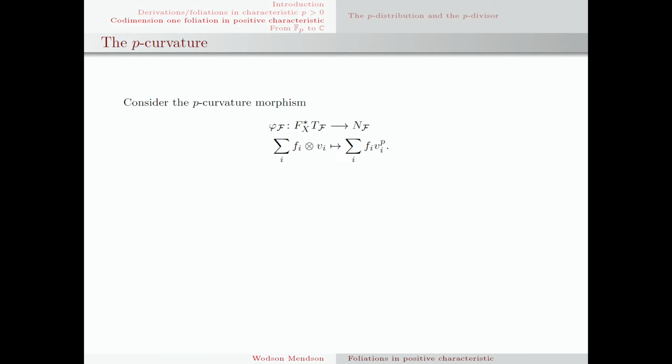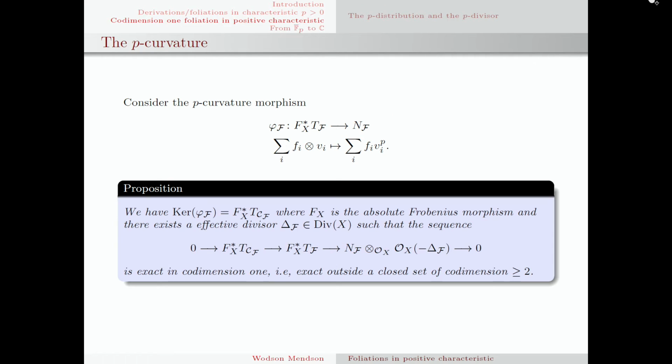So we have the curvature morphism here, and we have this result, which says that the kernel of this map is just the pullback by Frobenius of this sheaf, T_CF. Let me put the T_CF here.